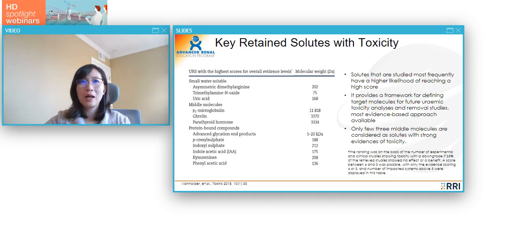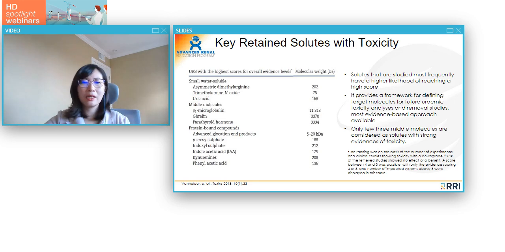So interestingly, there are lots of water-soluble and middle-molecule solutes that were evaluated and reviewed and even listed in the candidate toxin list. But relatively fewer of them were presented with strong evidence of toxicity.